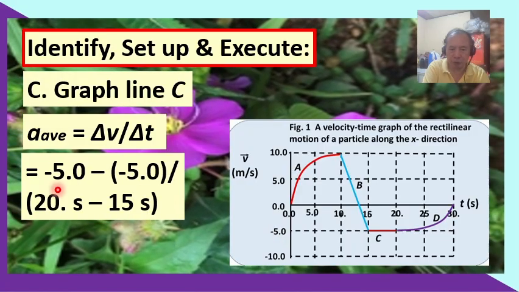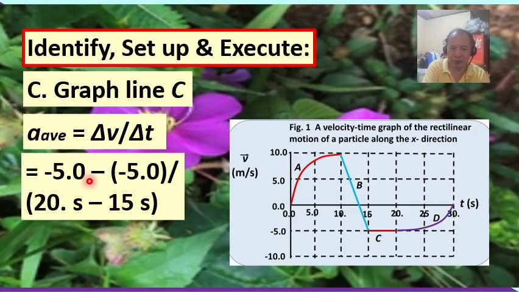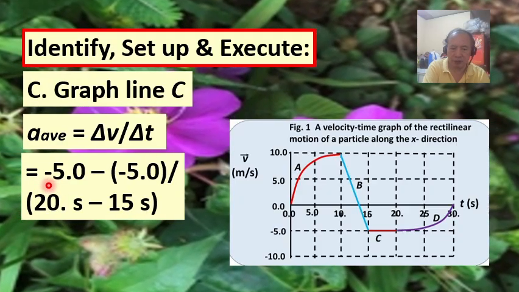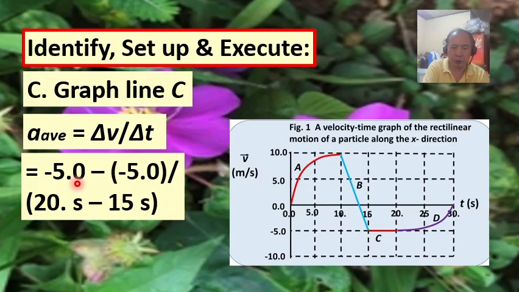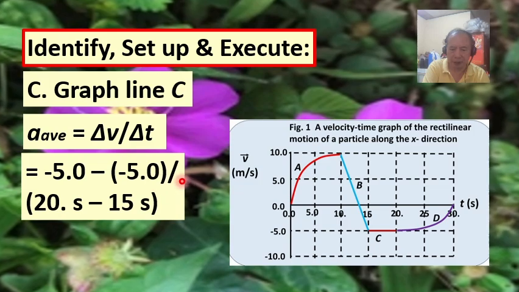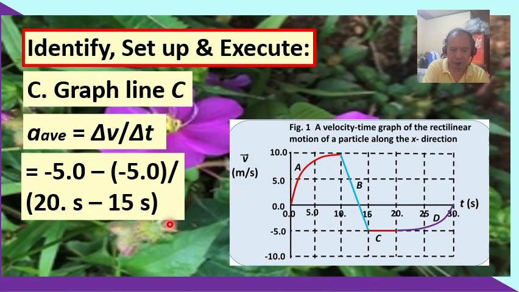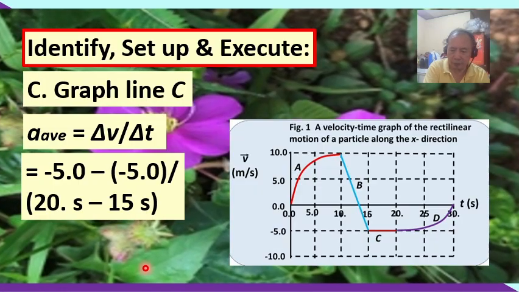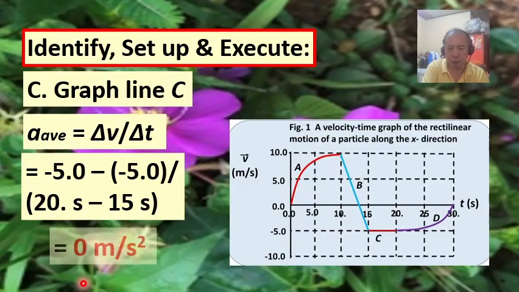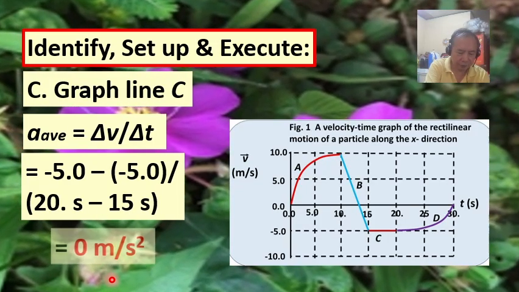In fact, when we substitute in the formula to determine the average acceleration, delta V over delta T, we have acceleration equals negative 5.0 meter per second minus quantity negative 5.0 meter per second all over 20 minus 15 seconds. So when we do our math, we get the value of the acceleration equal to 0 meter per second squared, right?